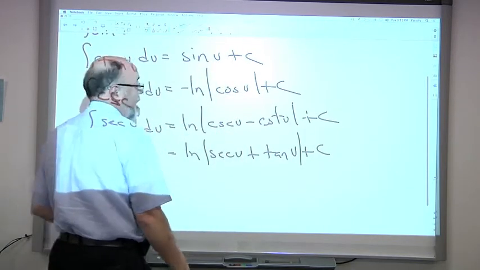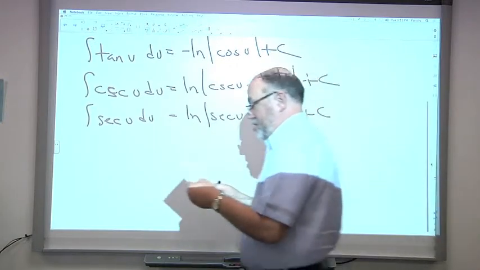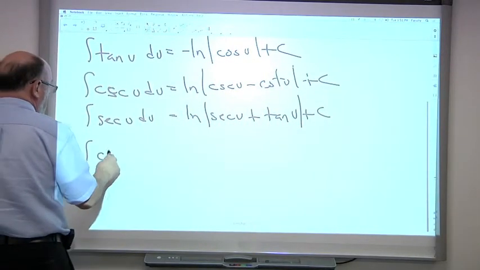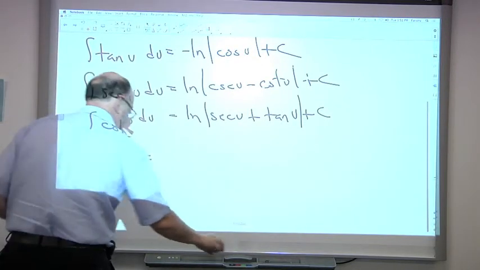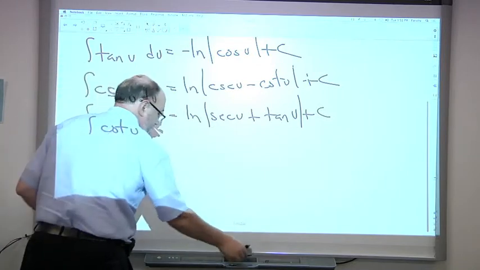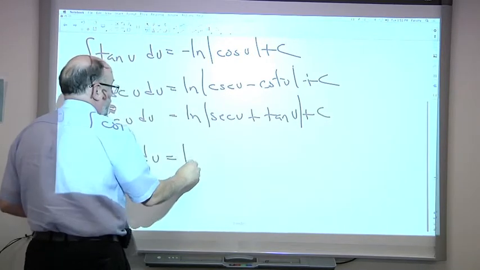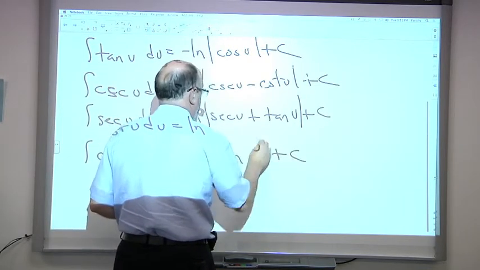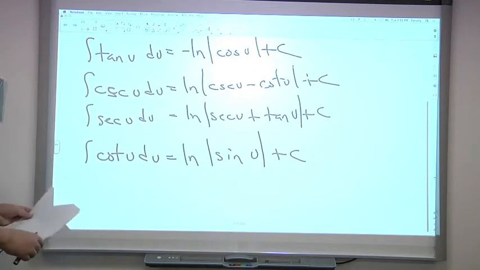And then lastly, the basic of the 6, we do cotangent and we end up with natural log of sine. So those are the 6 trig functions.